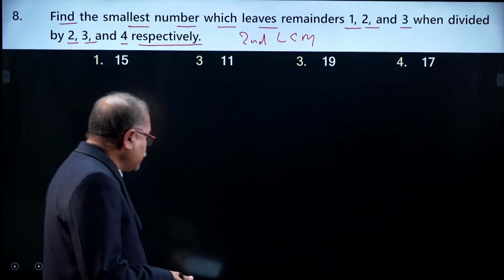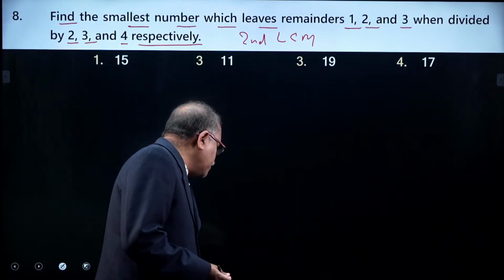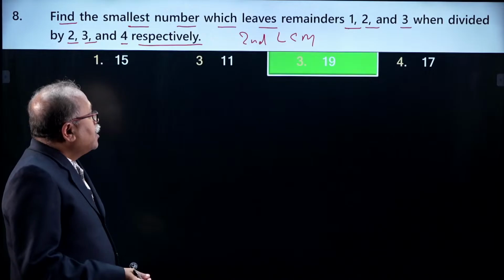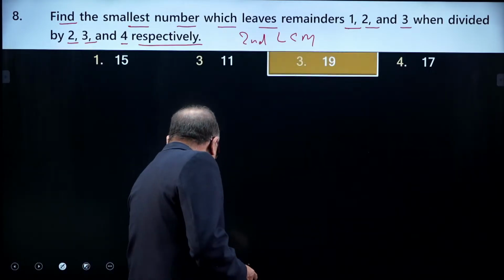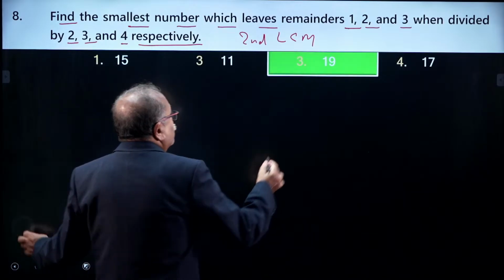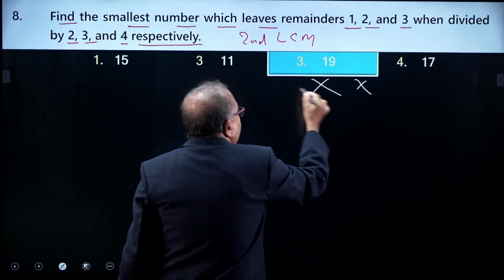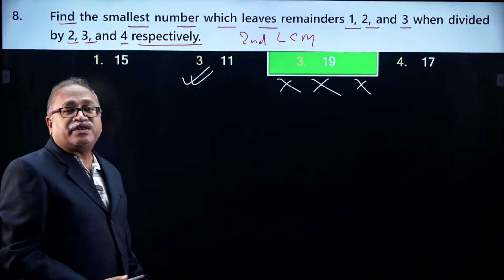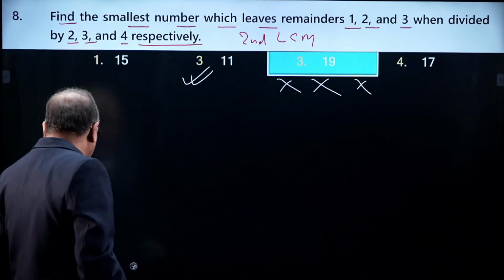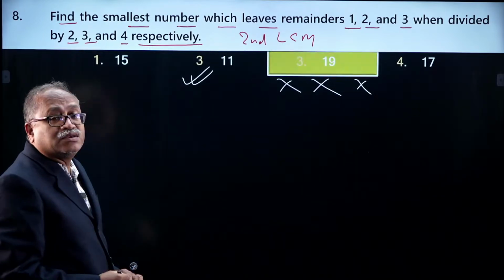So, 11, option 3. Let me check whether option 3 is correct or not. Oh, did I make any mistake? No, not this one. By mistake, I put this. This is the right answer. It's 11.